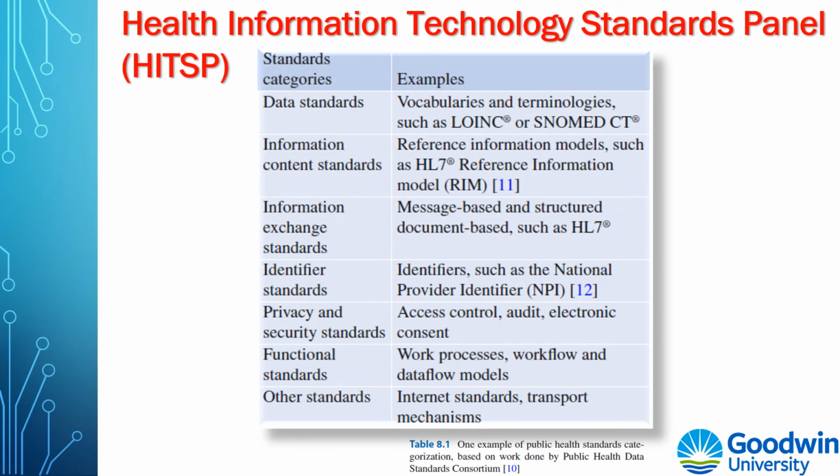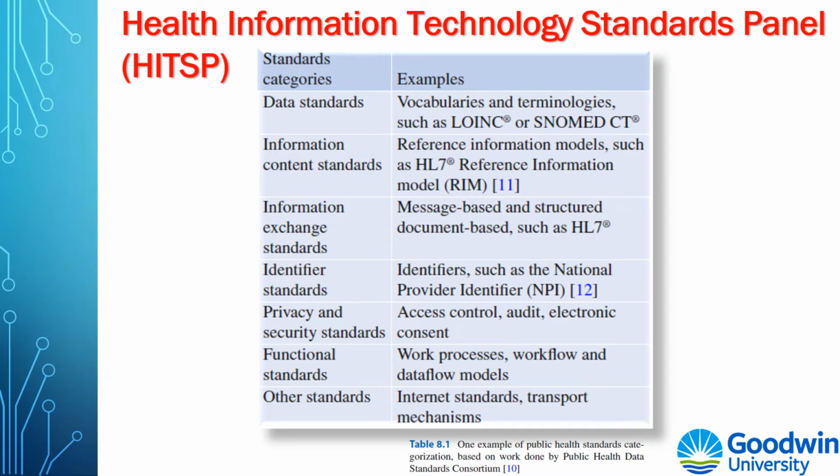And so let's take a look at some of the information technology standards. So there's different data standards, as we discussed a few of them. So there's vocabularies and terminologies like LOINC and SNOMED CT. There's reference information models such as HL7, right? They have a reference information model called RIM.